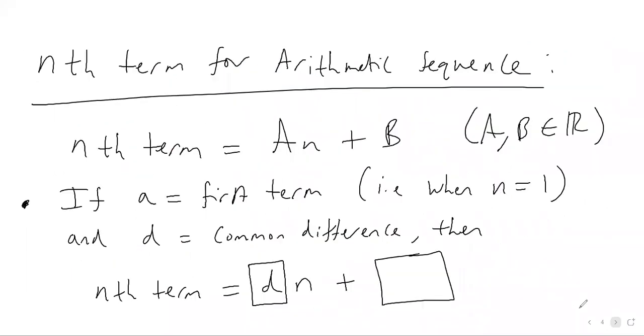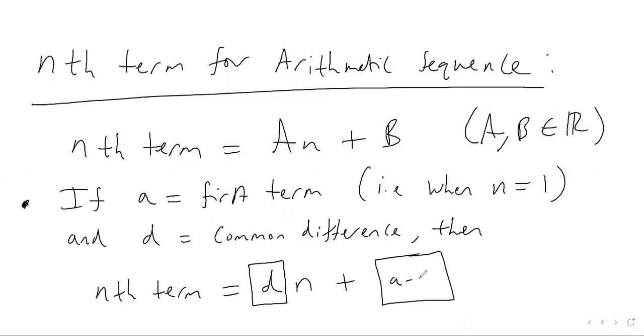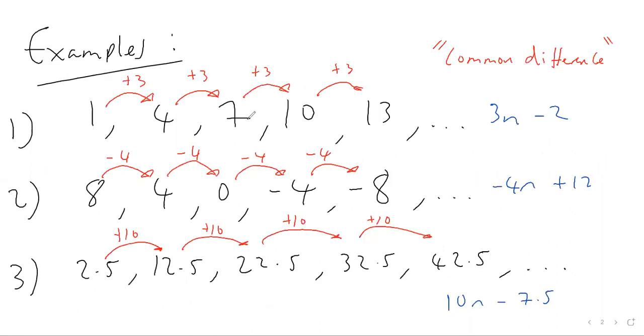If we generalize this with d and a, d the common difference and a the first term, the nth term is going to be dn, the common difference times n, and then we add a take away d. In the first case, 1 take away the difference 3 gives us -2, so that's a take away d. This number is our d, and this number is our a take away d.